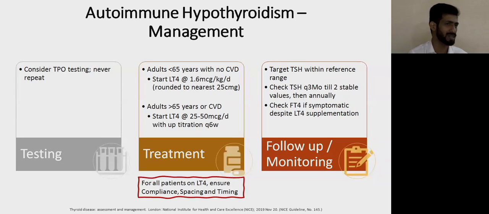Otherwise, free T4 concentrations are never repeated in a hypothyroidism patient. You never treat to target normal FT4. You treat to target normal TSH. Very important. This is from the NICE guidelines 2019. Very simple way of putting the guidelines and not making it complicated.